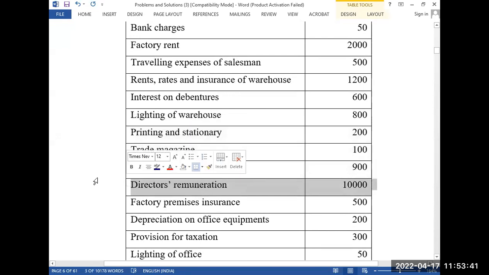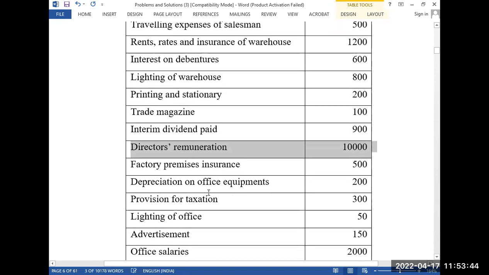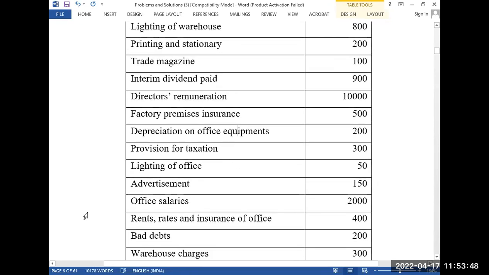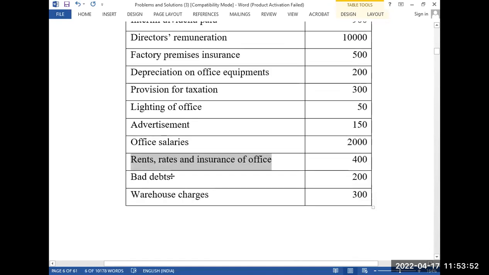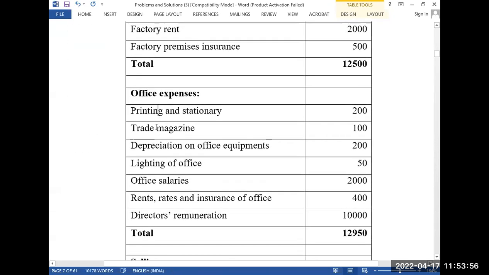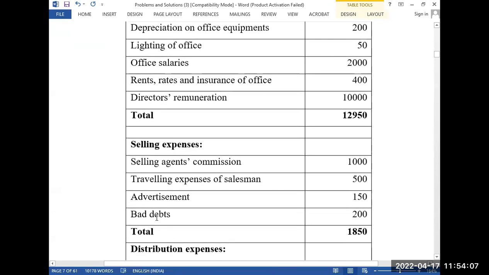Lighting of office. Depreciation of office equipment. Office salary. Rent. Insurance of office. That's all. Look at this. This is along with figures. Previously, we identified only the names, but now we have numbers. We are adding those numbers. That's all. Next, selling.